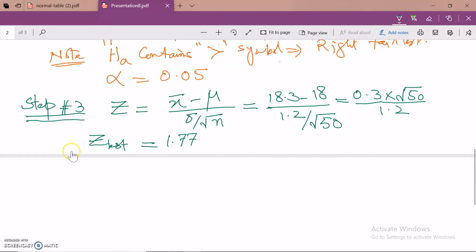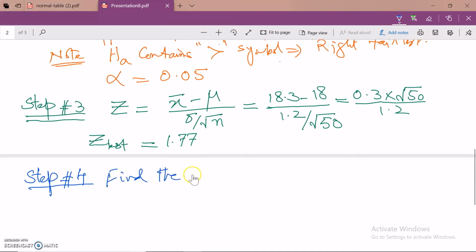Once we have done this, now we move into step number 4. What is step number 4? In step number 4, we find the p-value, the probability value.